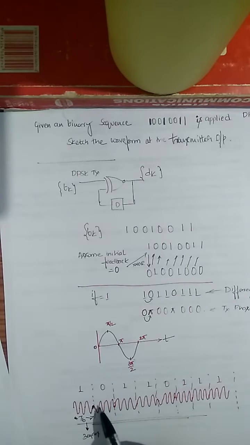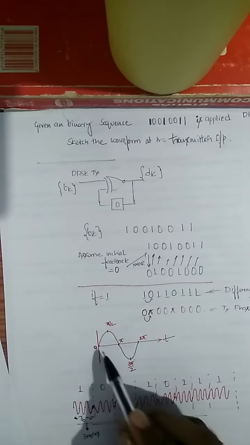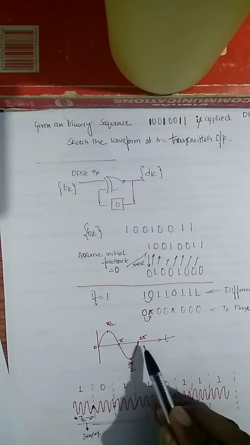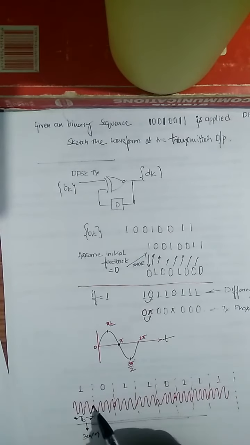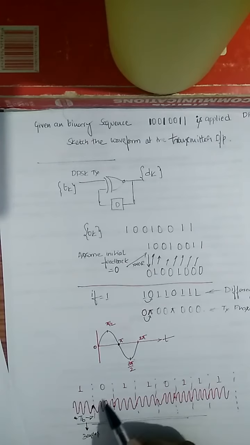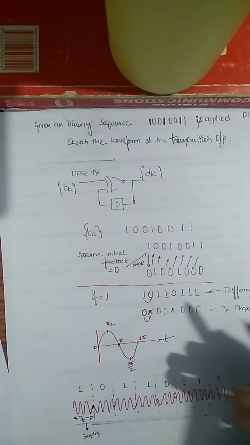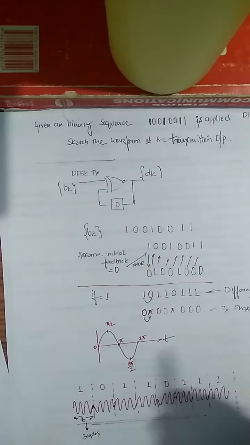So this actual signal is now advanced by pi. If this is my original signal, this signal will be advanced by pi radians and transmitted. Again 1 cycle, 2 cycle, 3 cycle. So for every bit period I am taking 3 cycles and representing each of my binary data, that is the differentially encoded data.